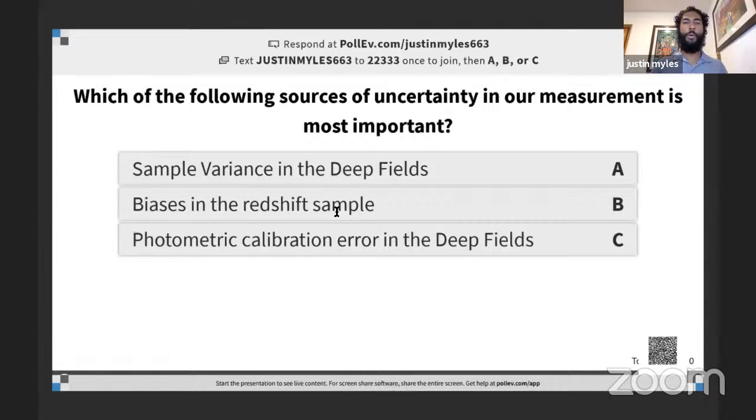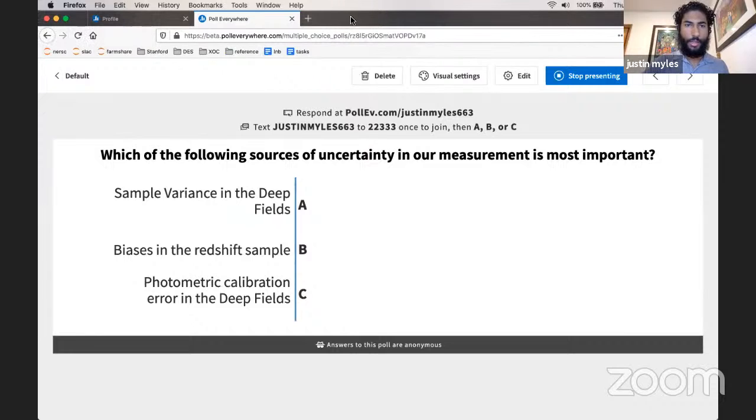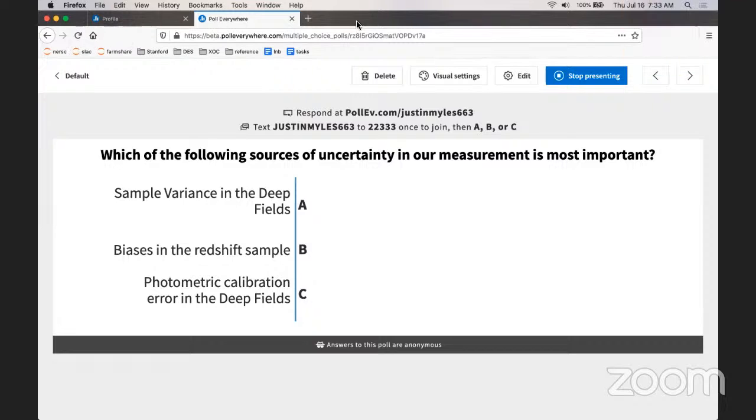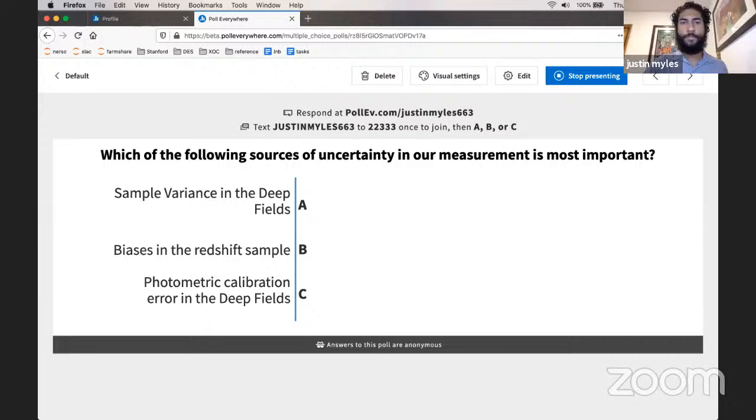All right, so now here's a poll. There's a little link you can go to at the top here, and here you can vote on which of these sources of uncertainty you think is most important. Can you now see my Firefox browser, which should give you live results of the poll? Yes. Great, thanks. Can you share the link of the poll in the chat? I think that will help people to follow it. Definitely.